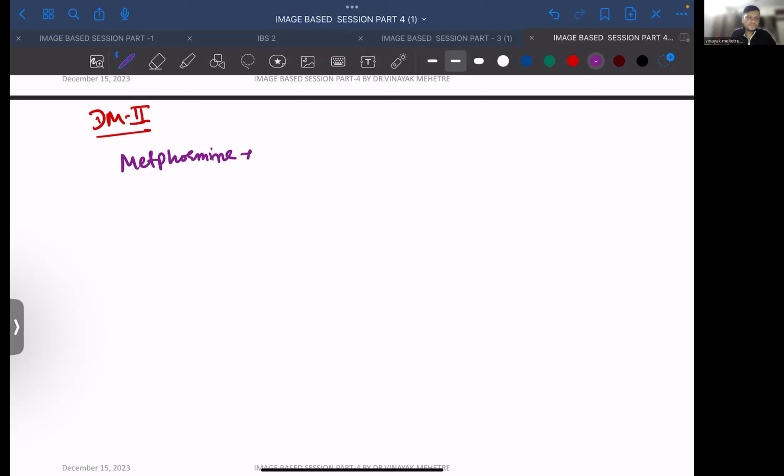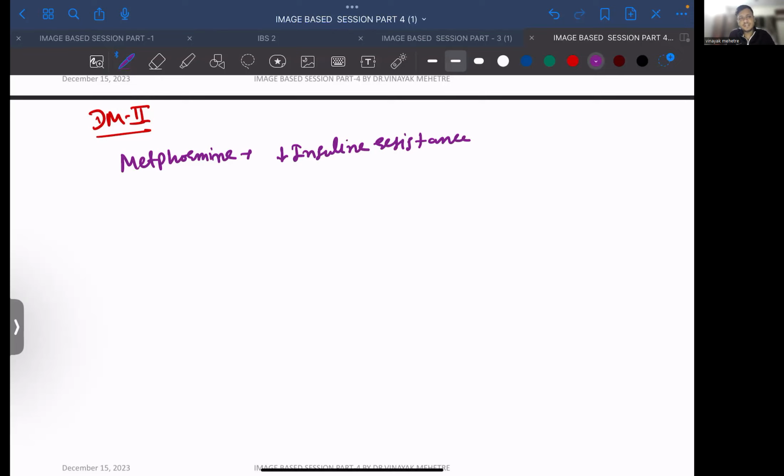What does it do? क्या कराता है? It decreases insulin resistance, right?